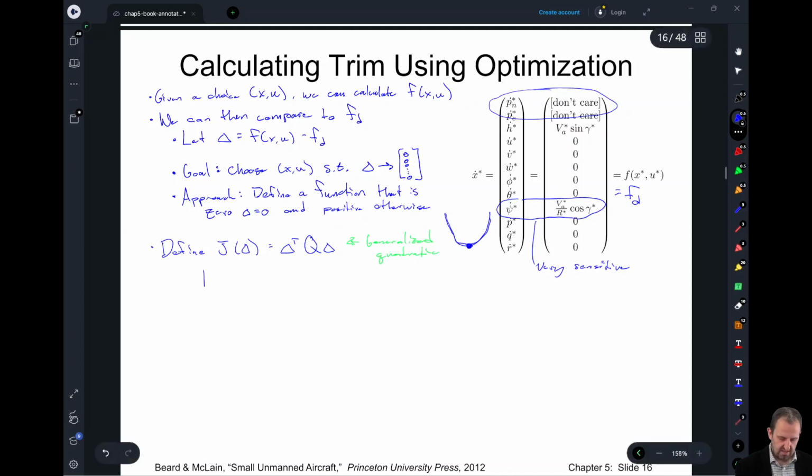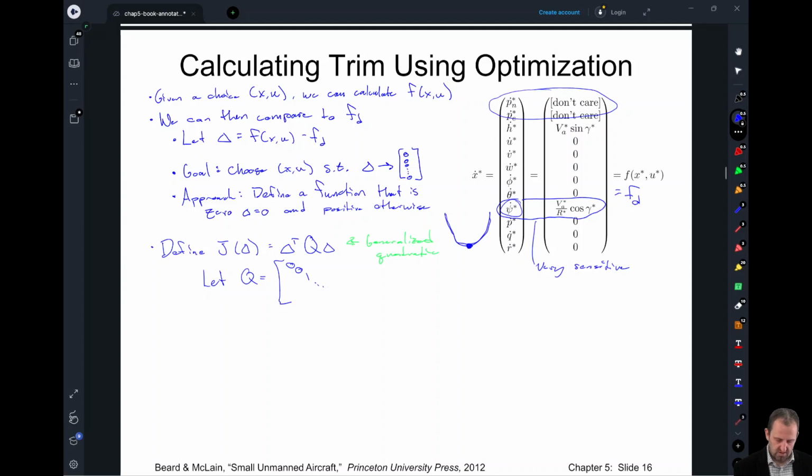So we're going to let Q be equal to a diagonal matrix, 0, 0, and then we'll start putting ones everywhere until we get to the component that corresponds to psi dot.